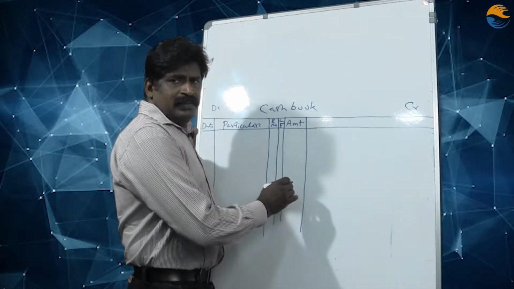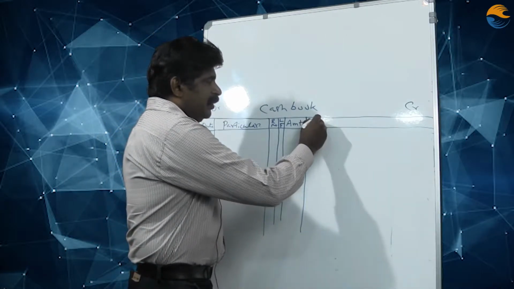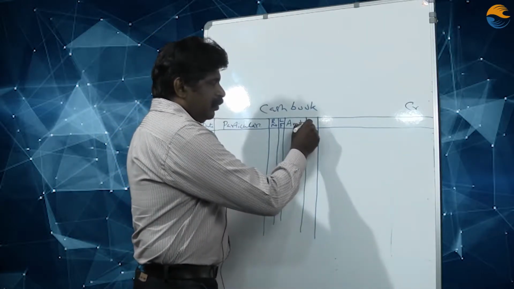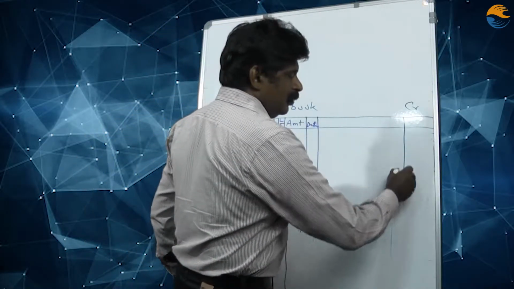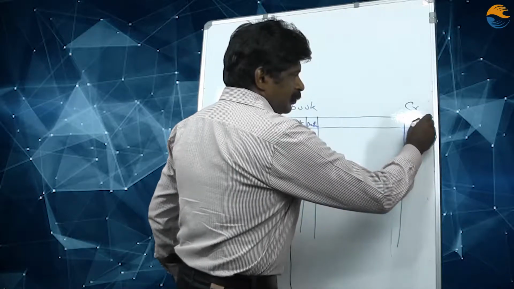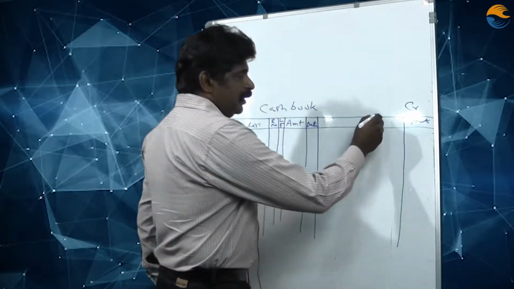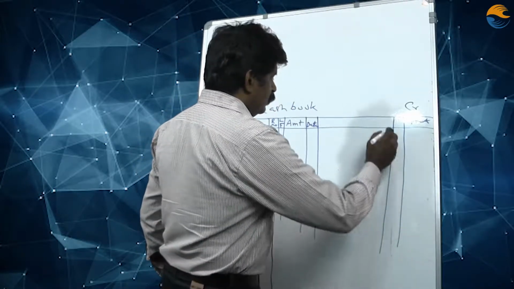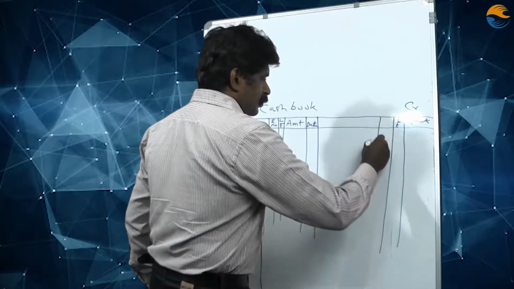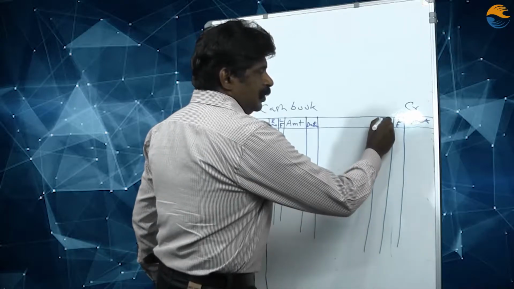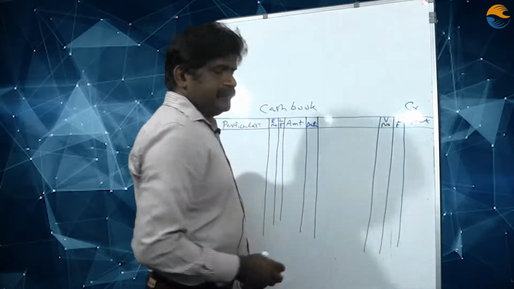Similar to this, on the credit side, there will be date column, here an amount column, then journal folio, then voucher number.